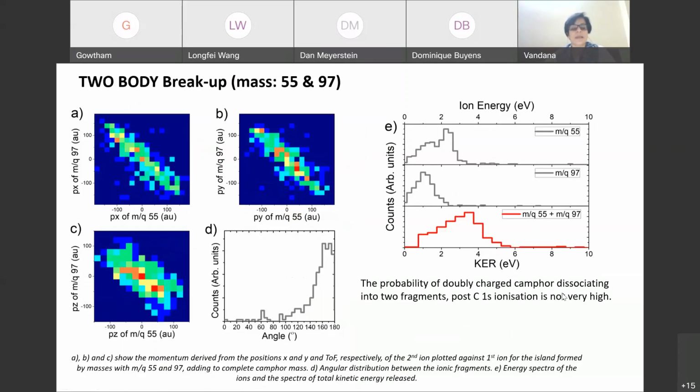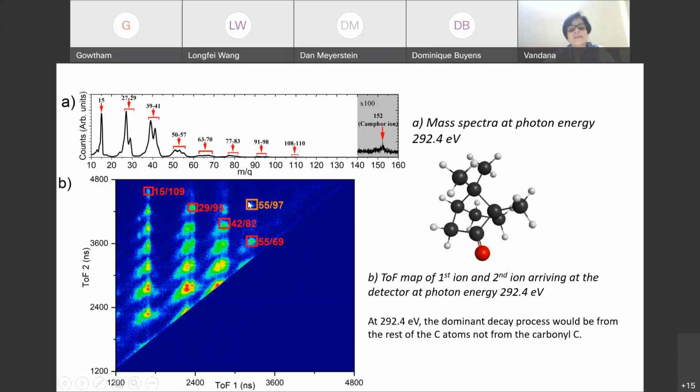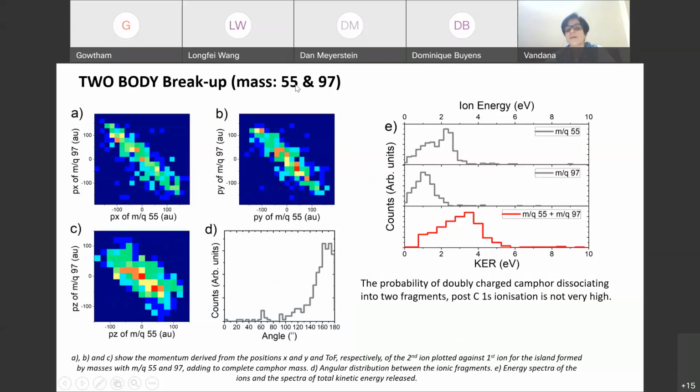Now coming to the two-body breakup, this one here is the two-body breakup. In the two-body breakup, the first mass is 55 and the second is 97.